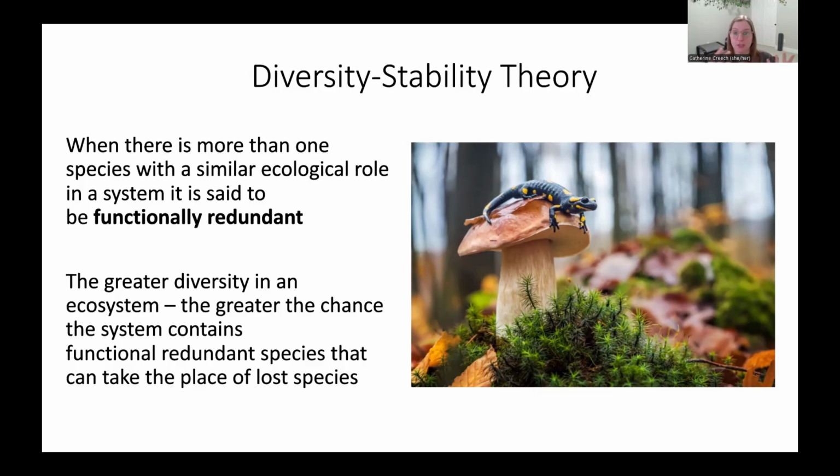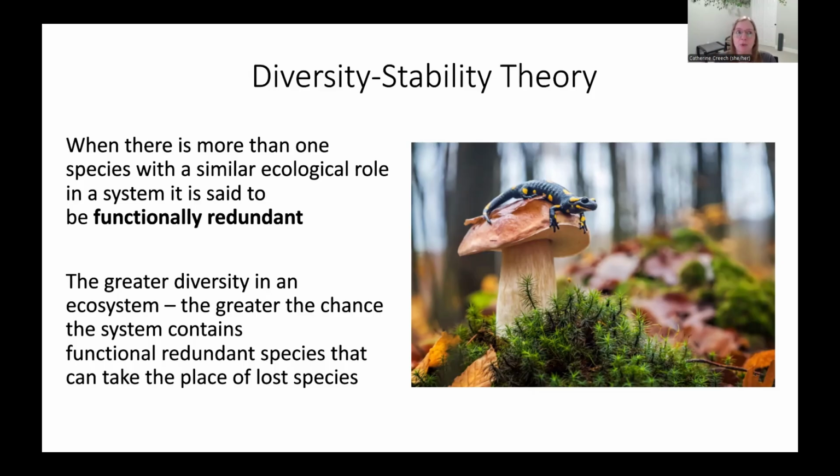We want more than one species with these roles so that we can say that they're functionally redundant. That means that there's more than one decomposer, there's more than one photosynthetic organism. The more species that you have, the more likely that your ecosystem will be able to bounce back from stress or disaster and will be able to support itself.